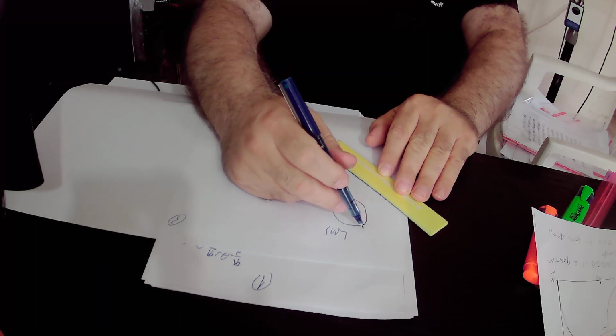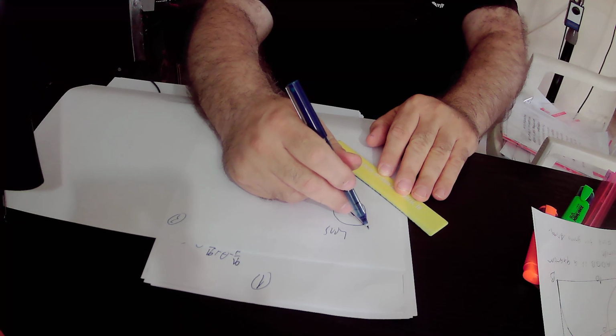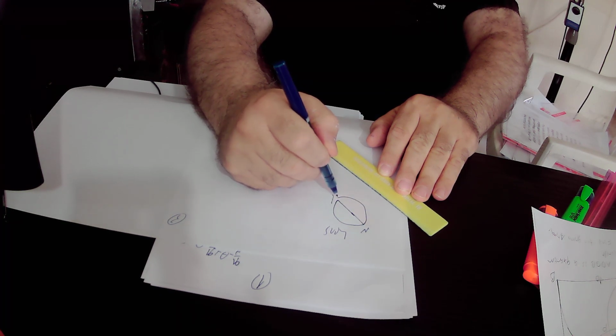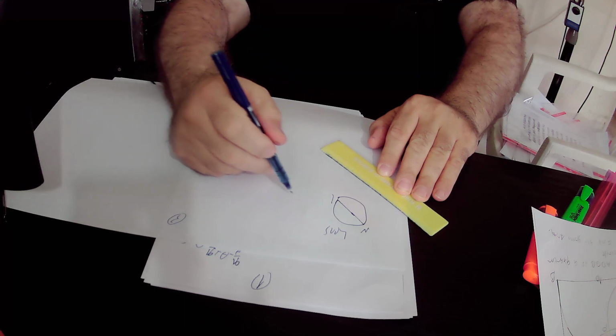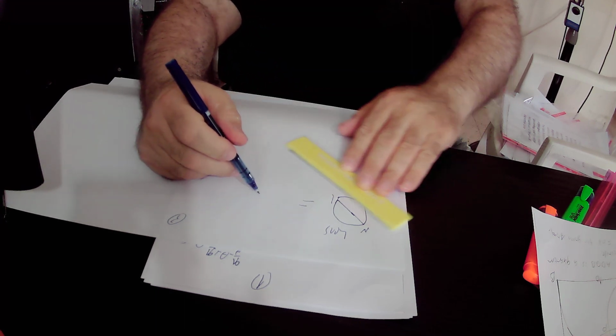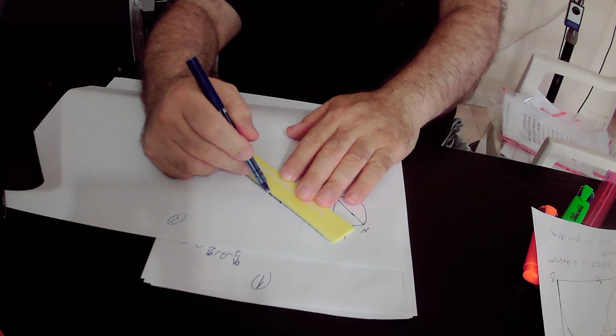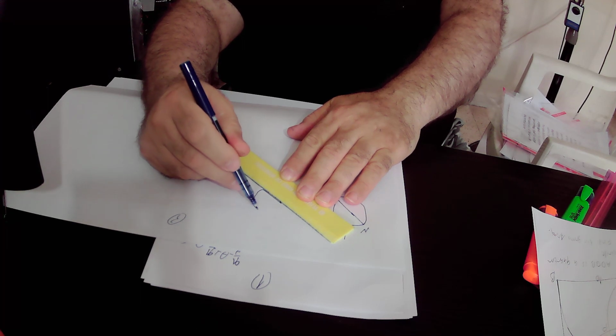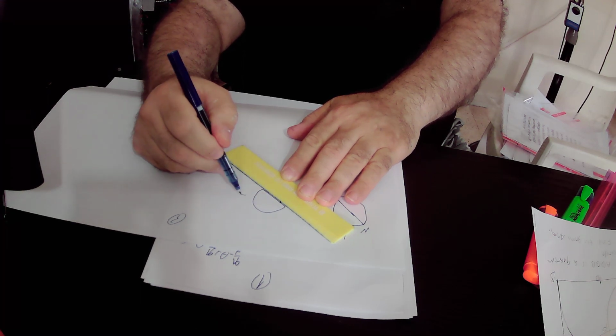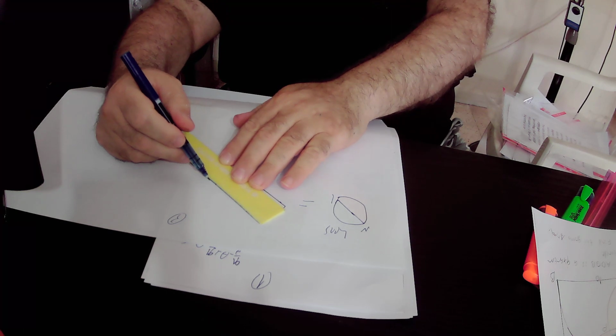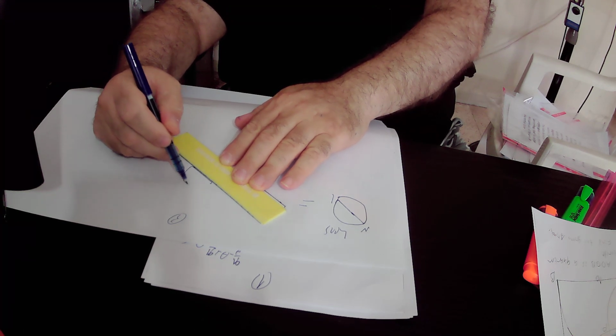So the area of this lens will be equal to the area of the upper circular segment NL plus the area of the lower circular segment NL.